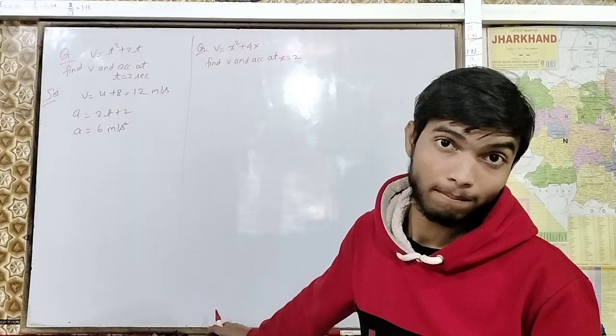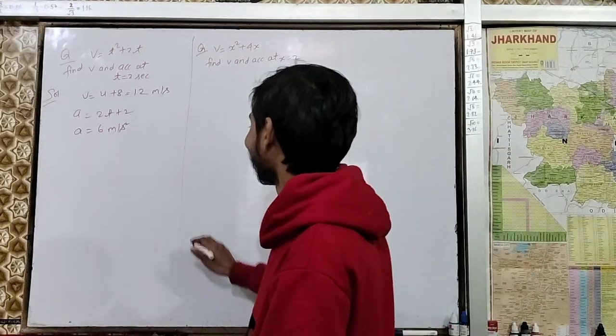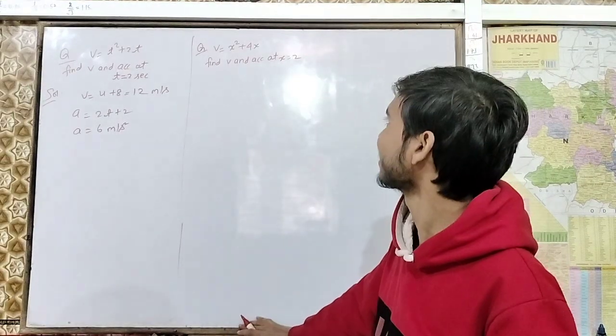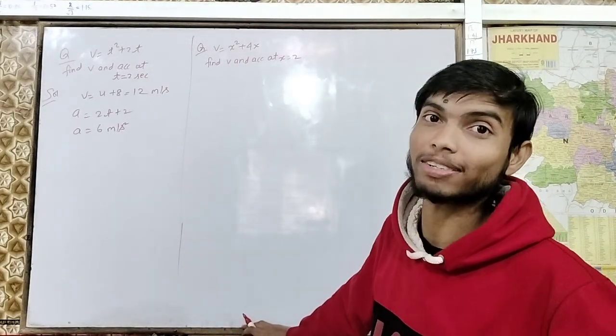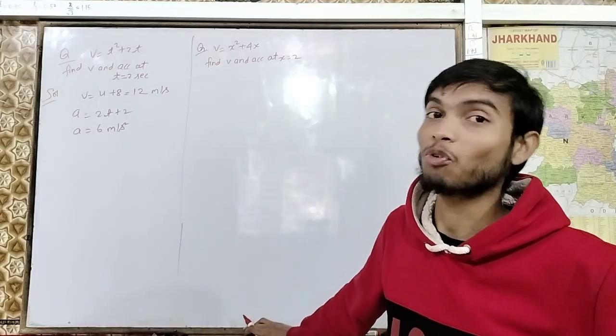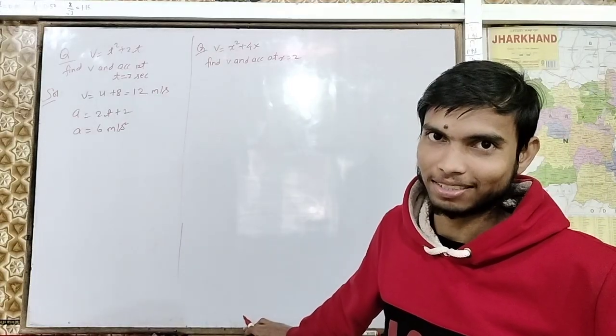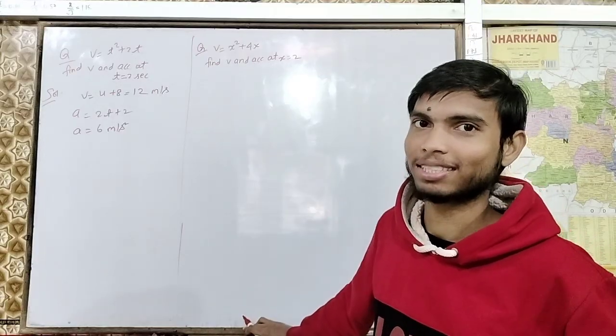Did you feel it was difficult? No. Not at all. Now next, in this next question, t is not given. Instead, x is given. The location of a particle is given, which is an exact number without a variable.